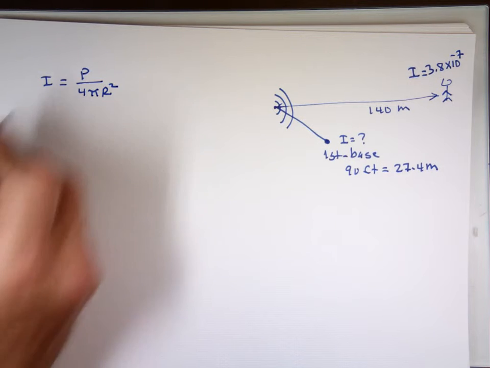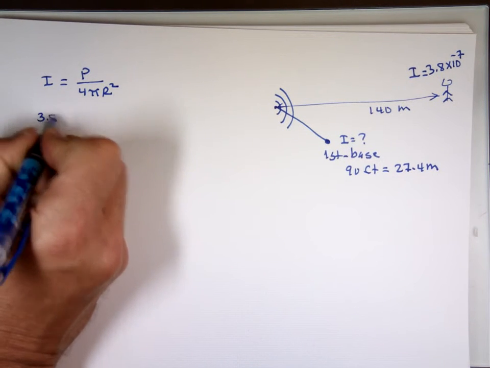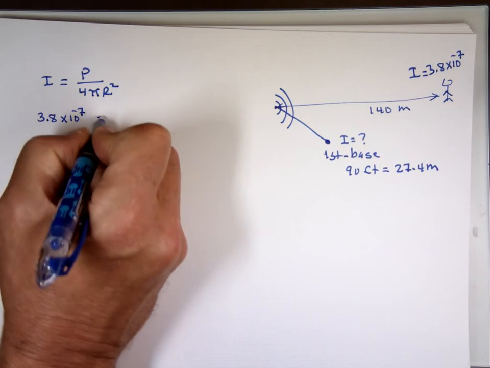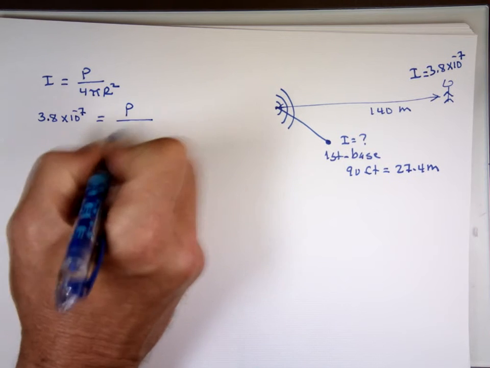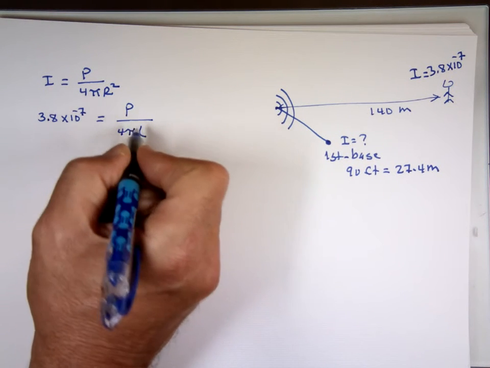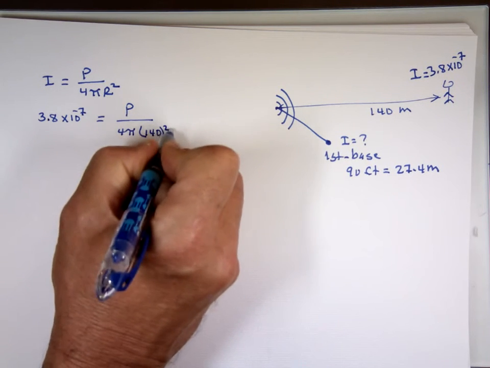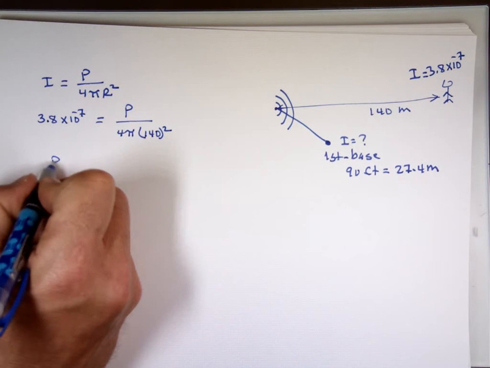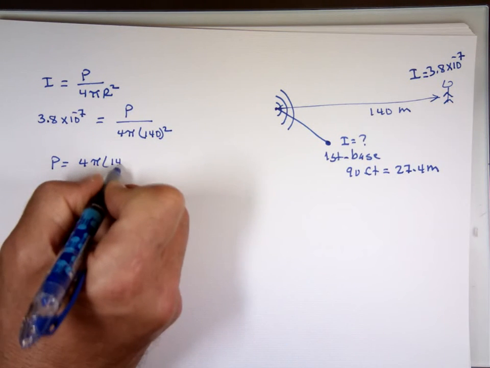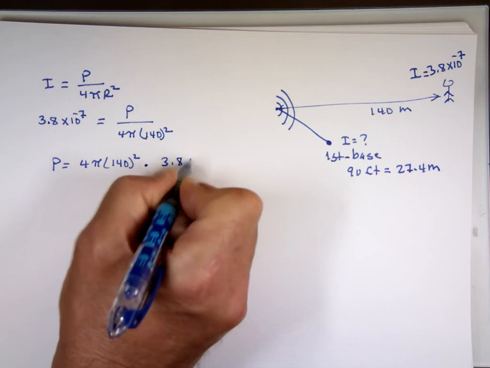So 3.8 times 10 to the negative 7 equals the unknown power over 4 pi times r squared. What is r here? 140, and you square it. The power is going to be 4 pi times 140 squared times 3.8 times 10 to the negative 7.